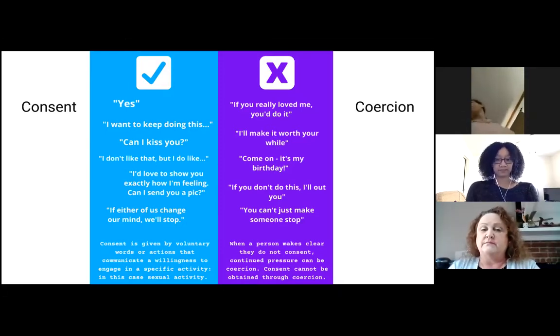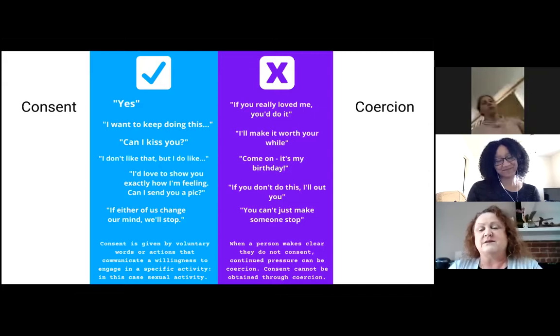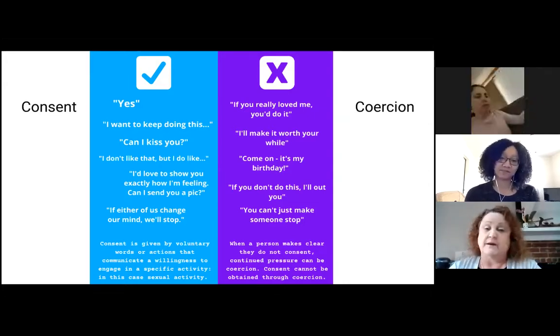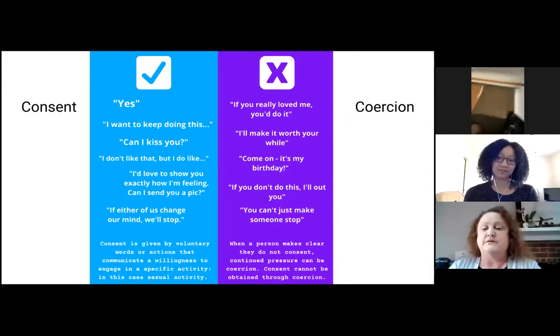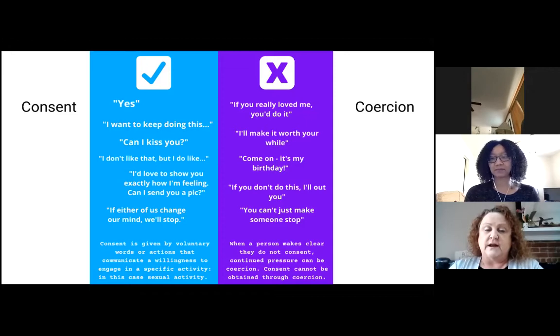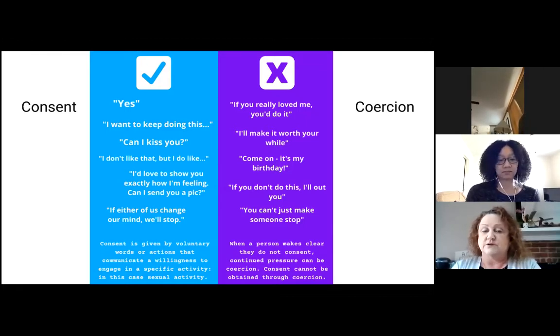On the opposite side, under coercion, someone saying things like, if you really love me, or I'll make it worth your while, come on, for one reason or another, that's coercion. That's asking someone to do something that they're being pressured into. Consent is given completely voluntarily, and the words and actions that go along with that need to be voluntary. If there's any sense of pressure, then it's not true consent.